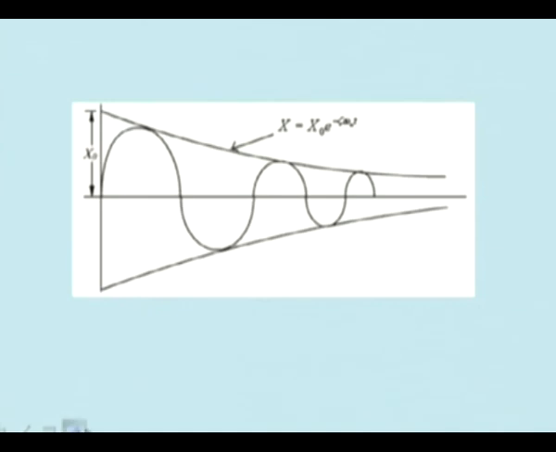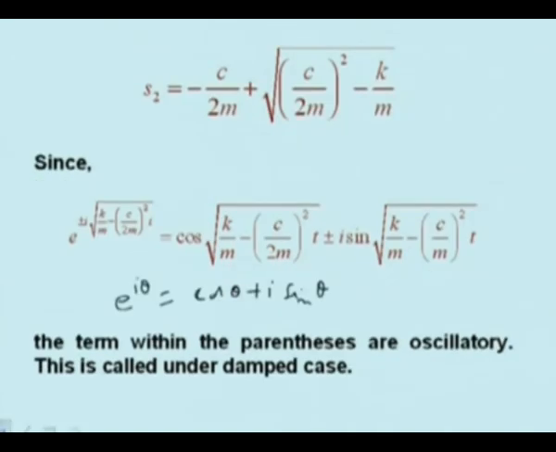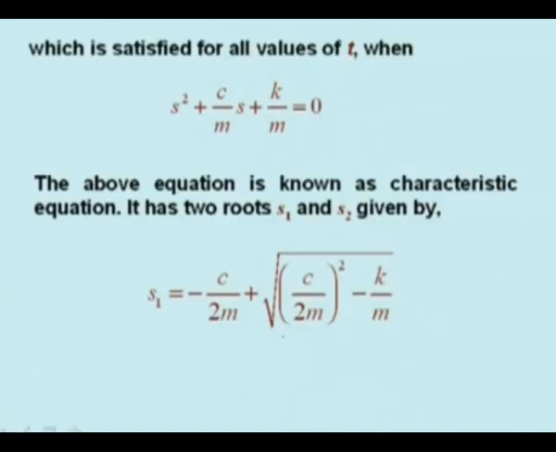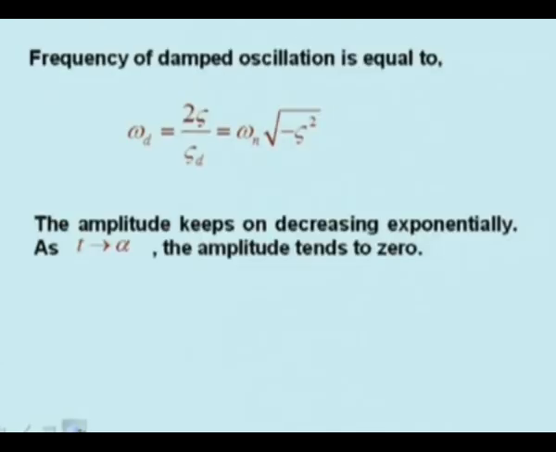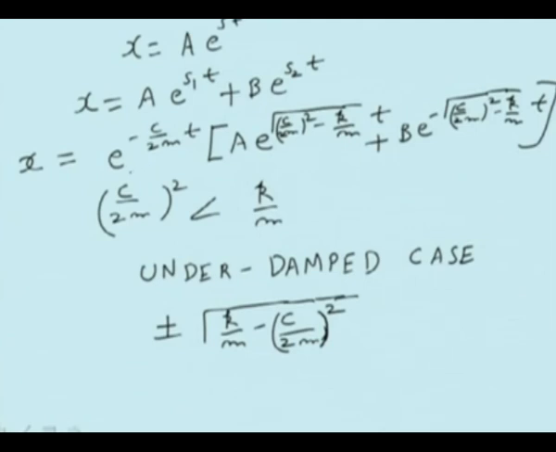Now we see what about the amplitude. We started with this equation, and as I already showed here, you have e to the minus c by 2m. So this term can be written in terms of sin omega t, cos omega t.